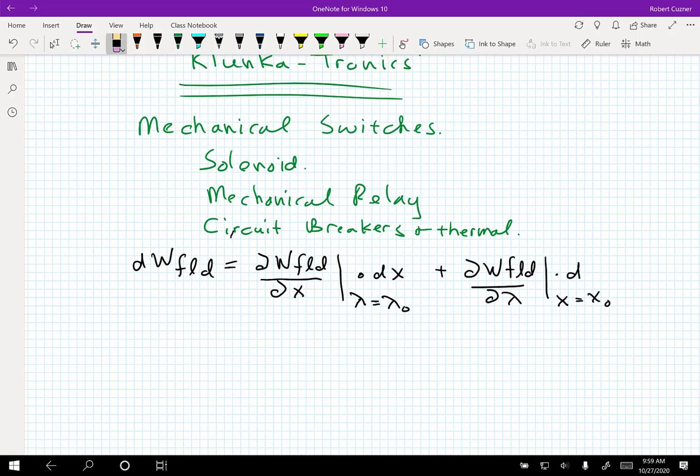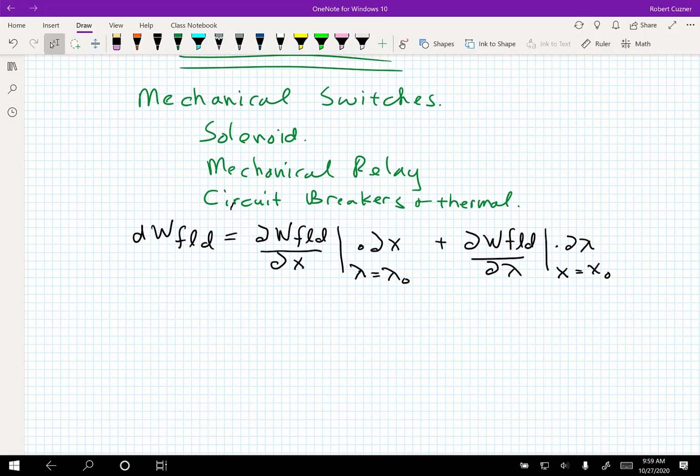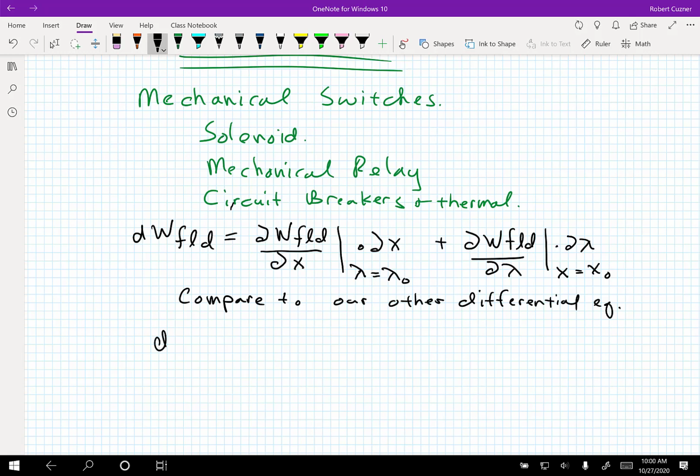I think I have to put a squiggly here, okay, so there we have it. Now we can compare this expression to our other differential equation that we showed you, that we solved by integral. And it looks like this.